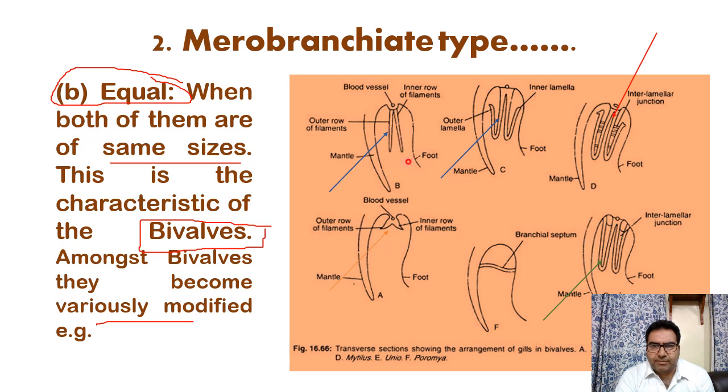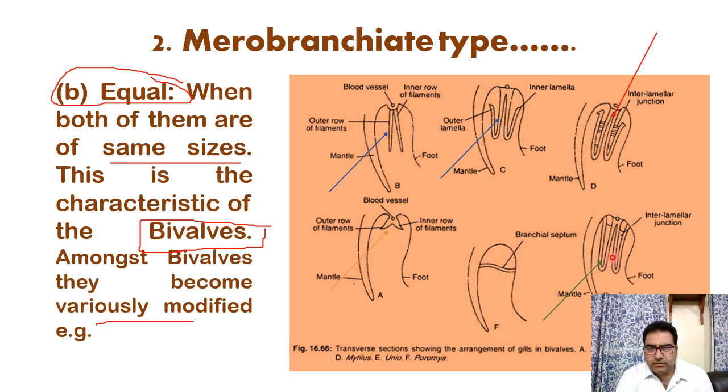So we do have the examples of the Nucula, wherein the short leaflets or the long filamentous leaflets are present. In the case of Arca, they may be free, and in the case of Mytilus, they may be joined by the connectives.